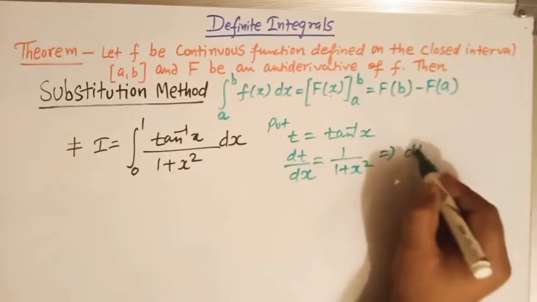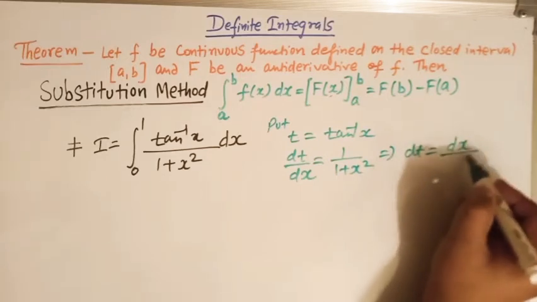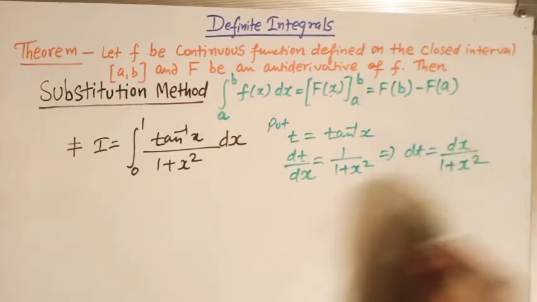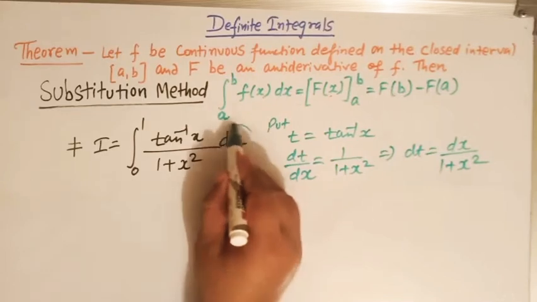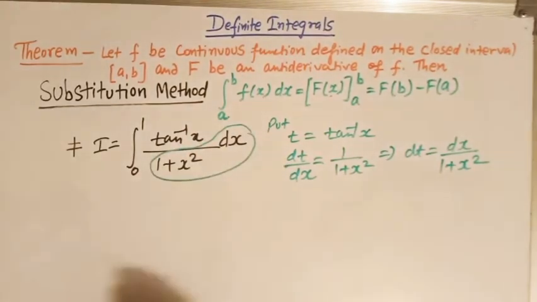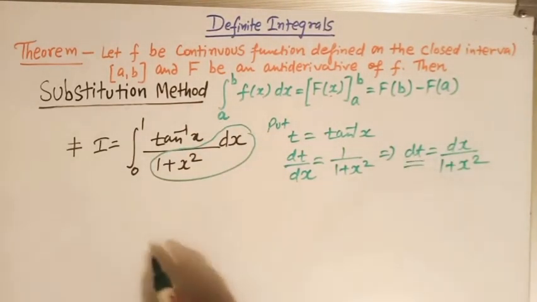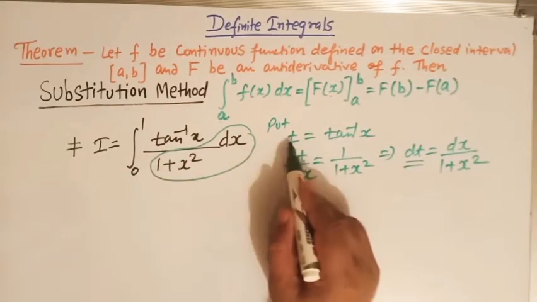So dt is equal to dx over 1 plus x square, right? So for this part we have dt, right? And for tan inverse x we have t.